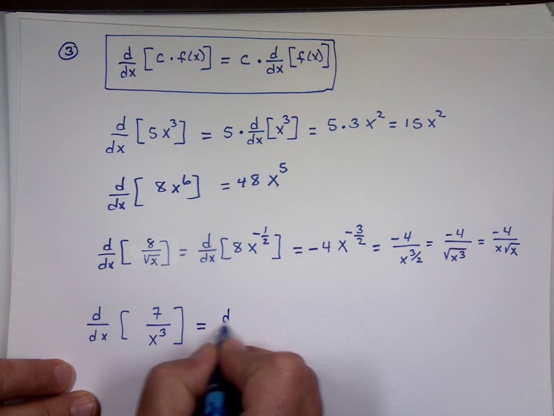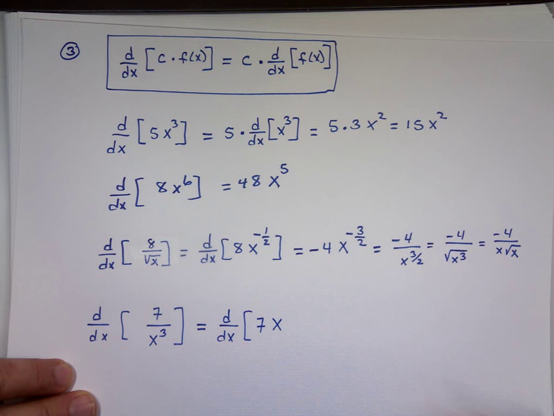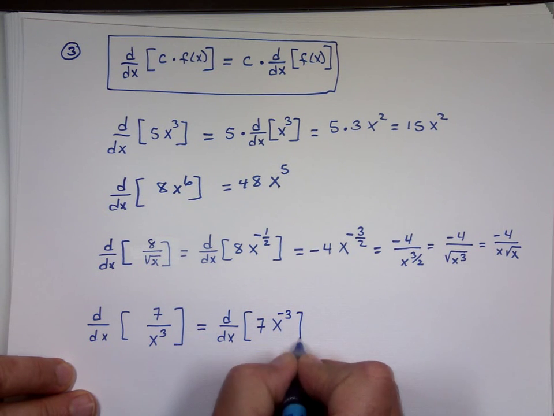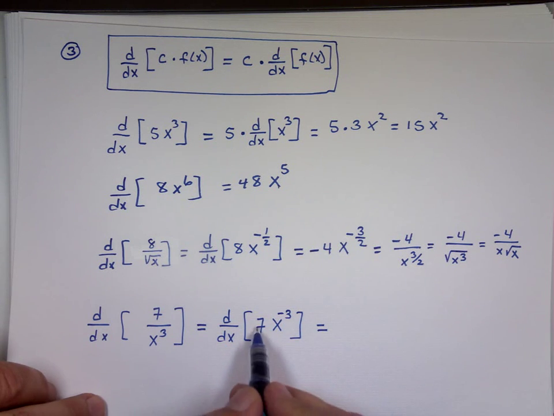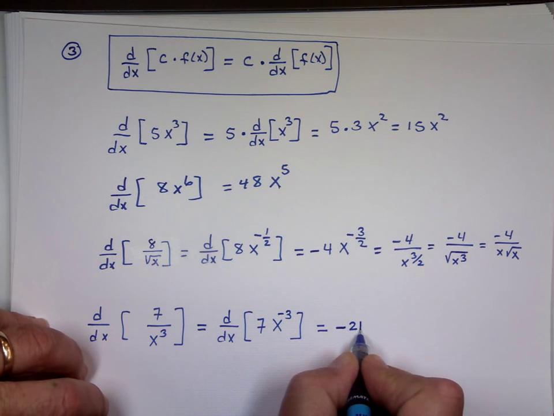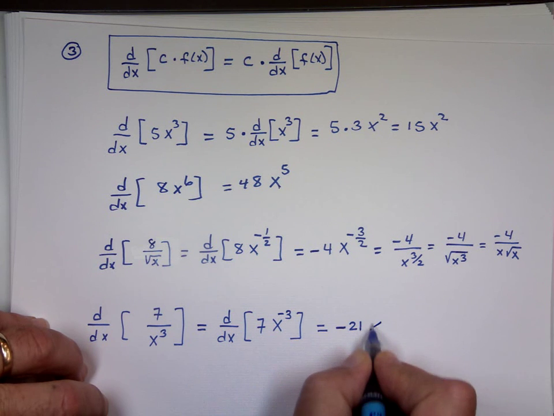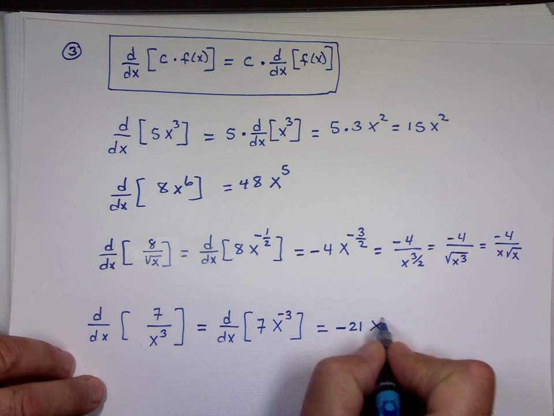The derivative of 7x to what power? Negative 3, yes. Now let's take the derivative. 7 times the negative 3. You multiply these two numbers. 7 times the negative 3. Negative what? 21. And you subtract 1 from the exponent. What's minus 3 minus 1? Negative 4.